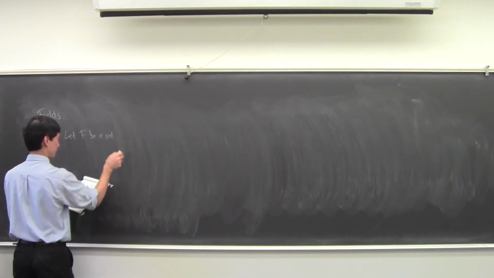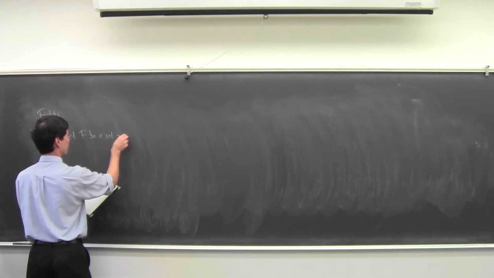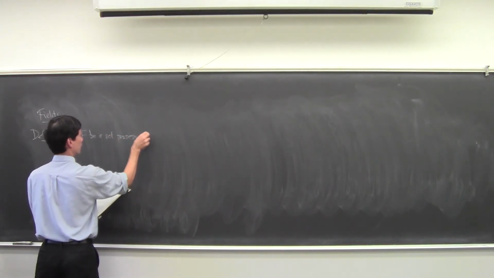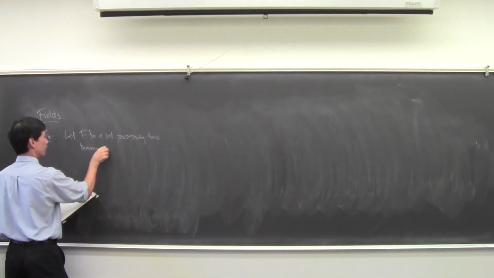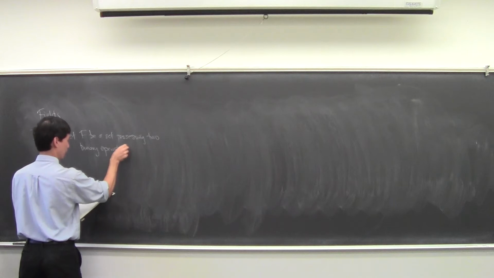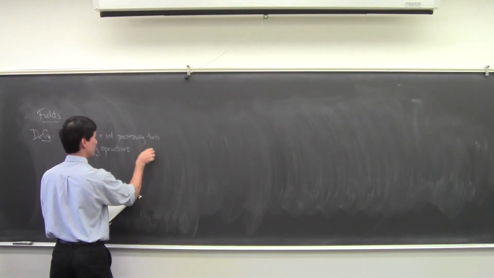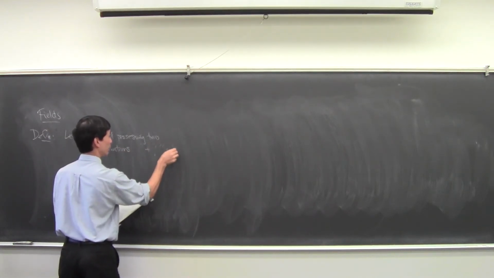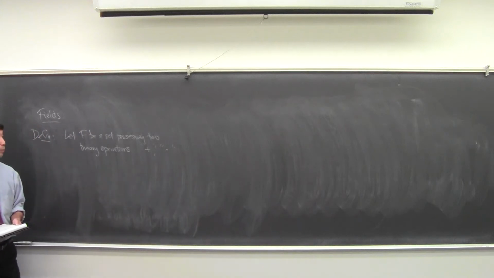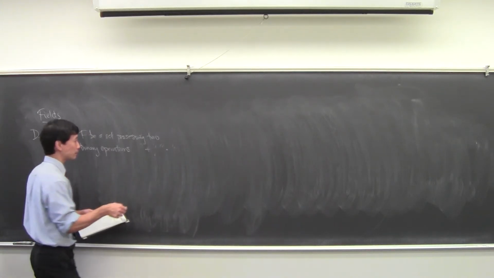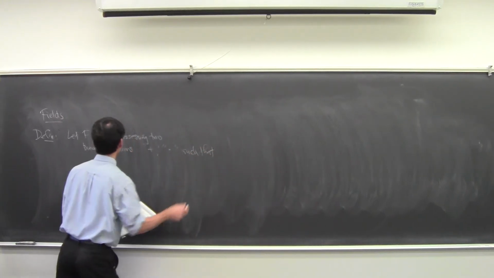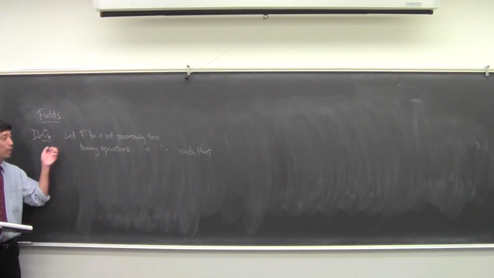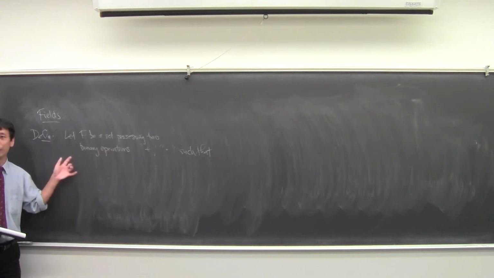Let F be a set possessing two binary operations denoted by plus and dot, addition and multiplication, such that these operations satisfy a whole bunch of laws.